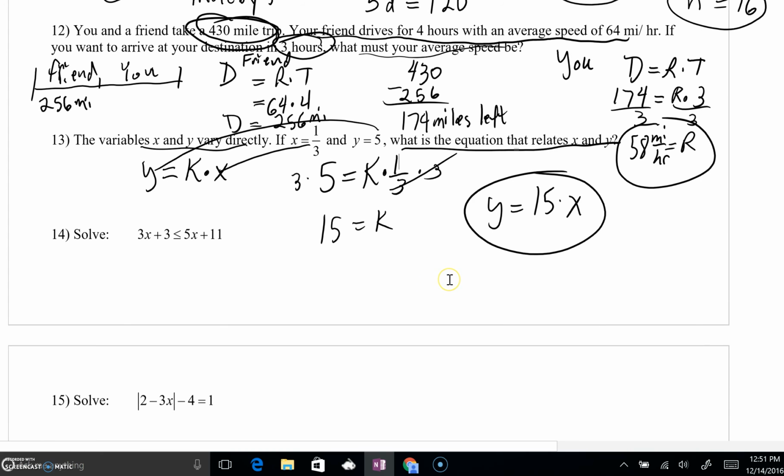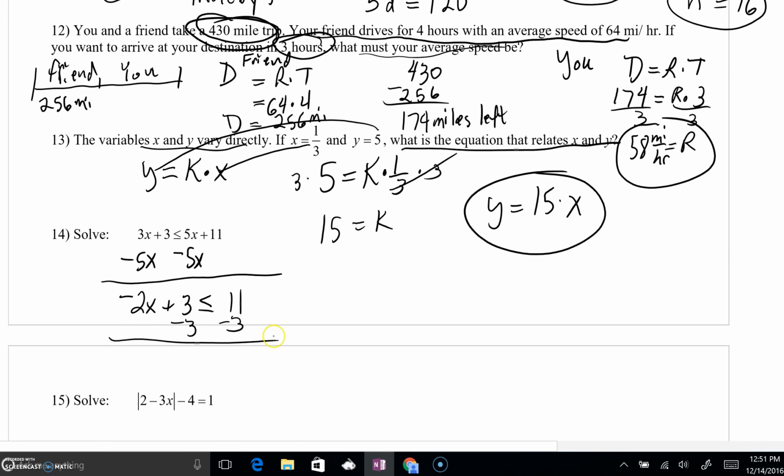So we take a look at number 14. I can subtract 5x. By the way, I'm deliberately subtracting the 5x here to remind you of something. 3x minus 5x is a negative 2x. So we have negative 2x plus 3 is equal to 11. Got minus 3. 11 minus 3 is 8.